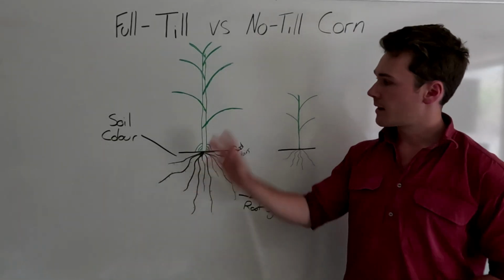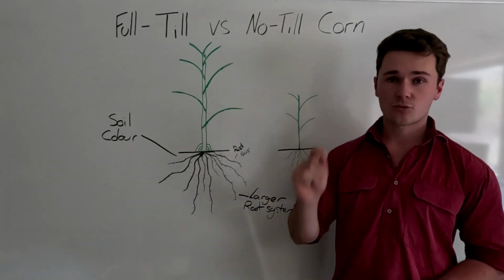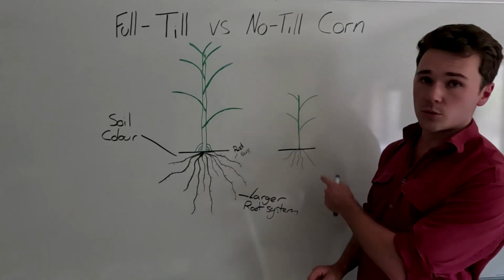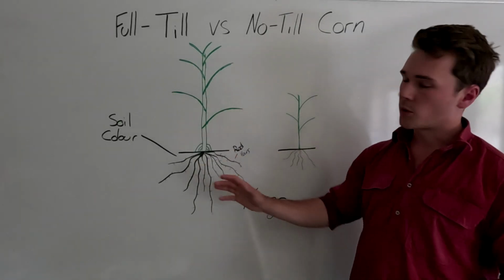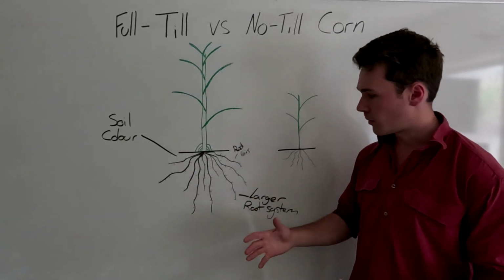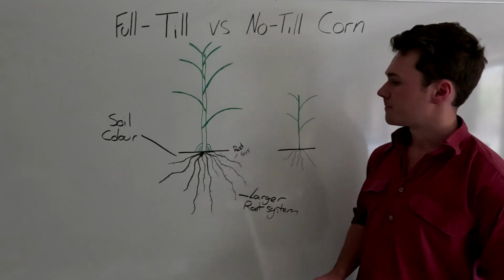The other thing is that this corn plant will be sequestering carbon at a greater rate than our full tillage corn. And so our no-till corn is going to be stimulating the microbes a lot more, with everything pumping those sugars into the root zone.